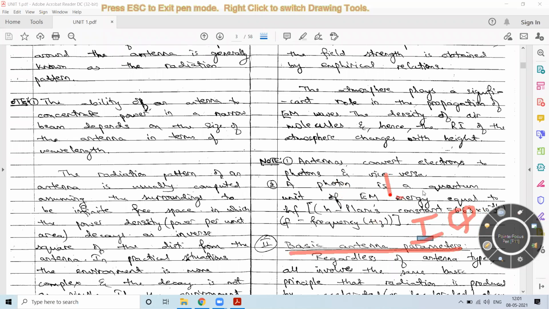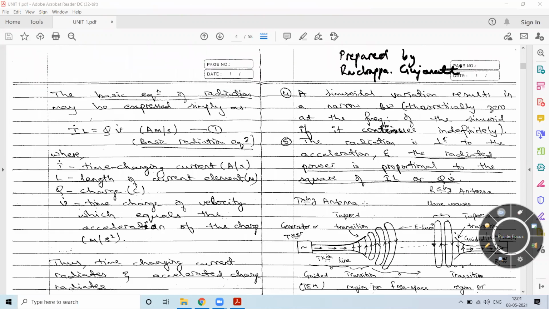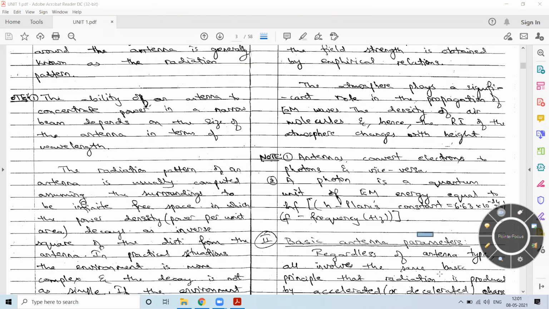Then it will include the length of the current element which we are considering, and it also includes the velocity, which is again time dependent, so which is nothing but acceleration in general terms. That is, time changing velocity is nothing but the acceleration. So these are the basic parameters related to the antenna.